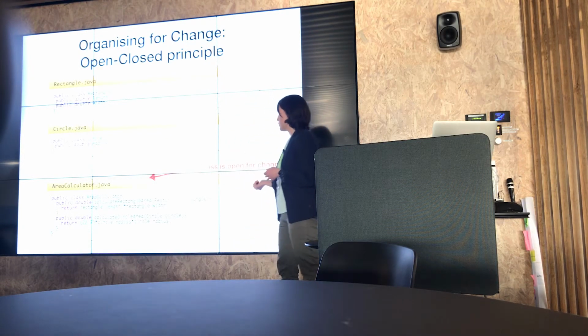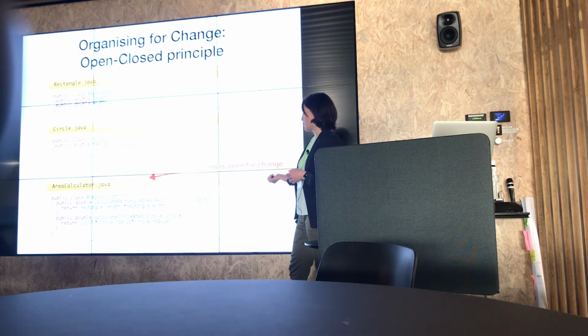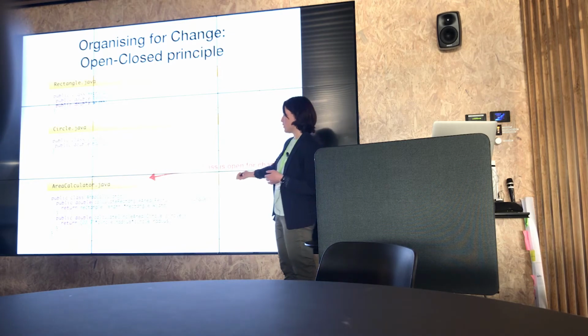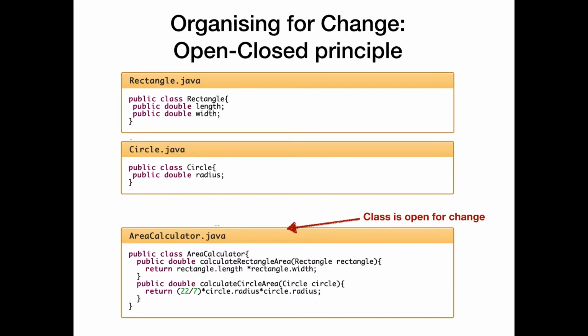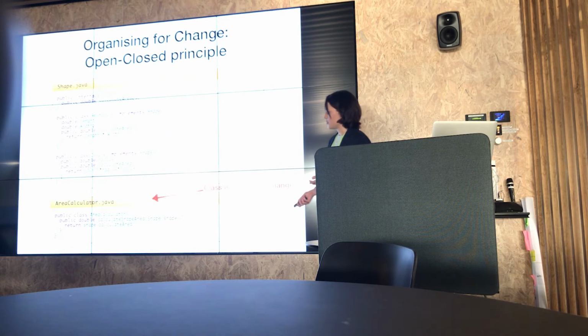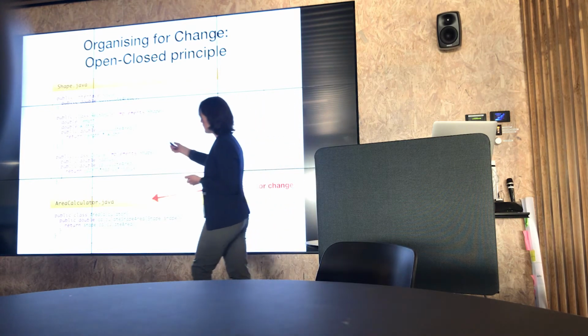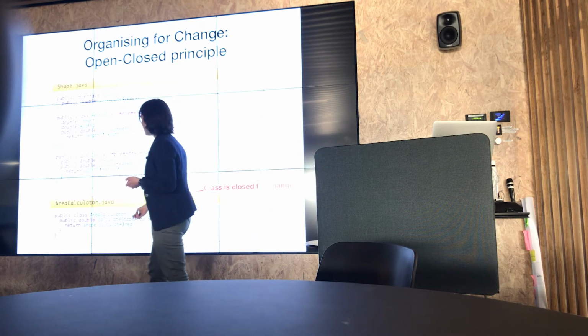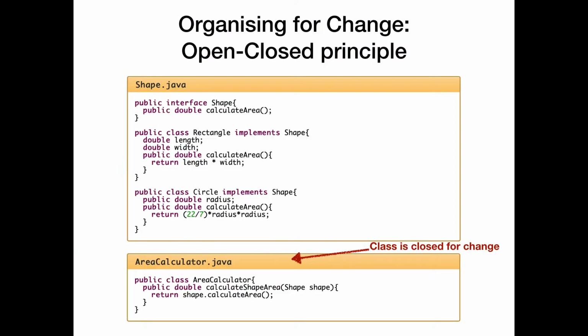This situation means that your class is open for change. Whenever you want to add some additional feature, do some change, you need to open this class and modify it. And potentially it can lead to some other part of the code being broken. So we need to avoid these kinds of situations. To fix this, what we can do is create this interface Shape, and then implement the area calculation separately for the rectangle and for the circle.